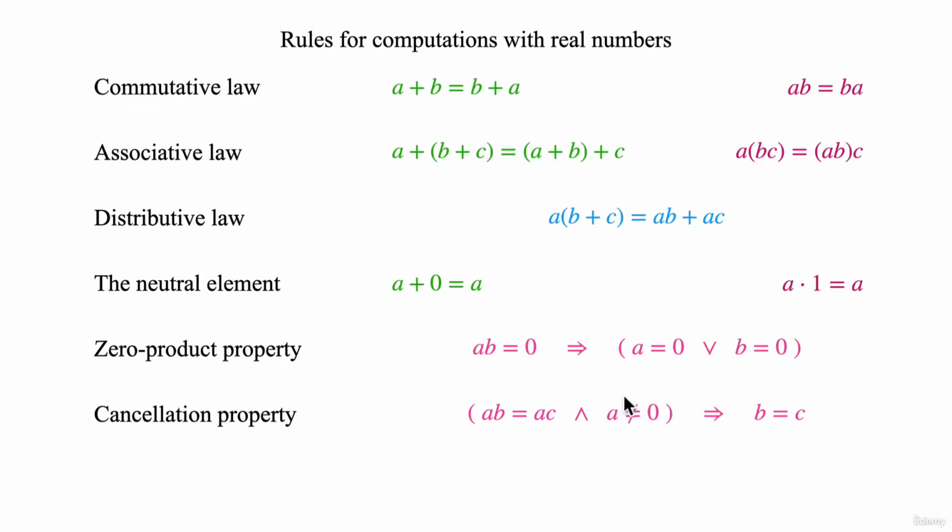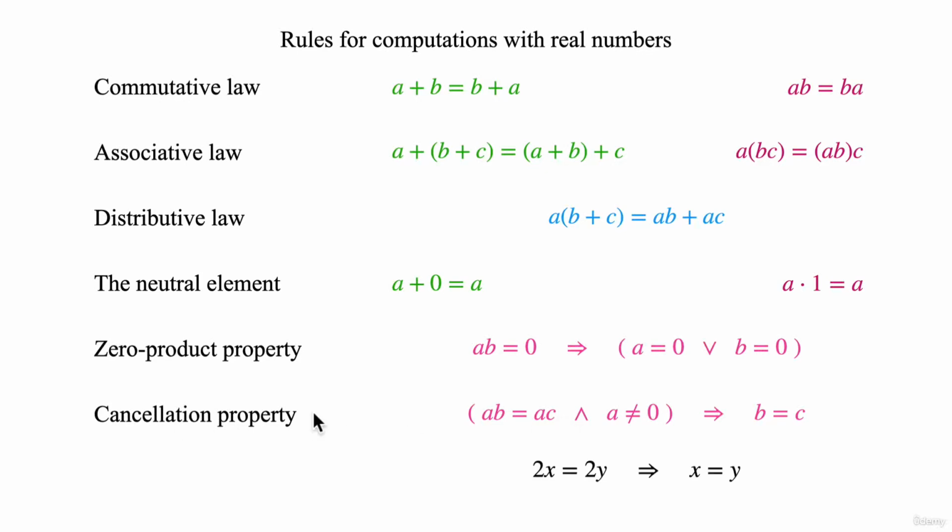And this is why you have to demand that A is non-zero, because, well, you cannot divide by 0. It's one reason. And the second reason is that if A is equal to 0, then this equality is always true regardless of B and C. So if A is equal to 0, you cannot have this conclusion that B must be equal to C, because, well, 0 times 7 is equal to 0 times 34, but 7 is not equal to 34, right?